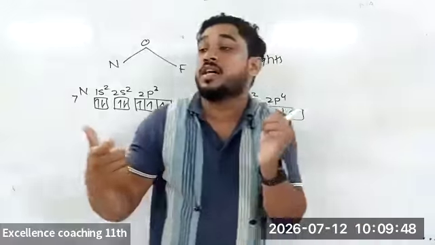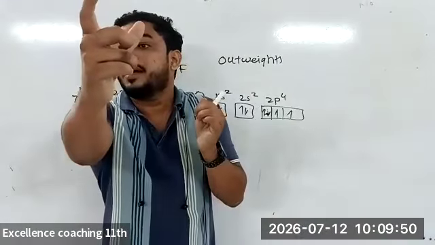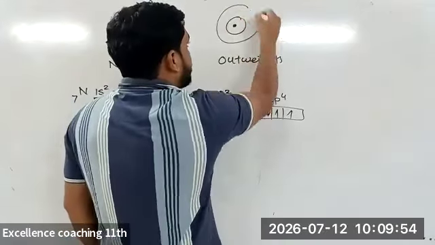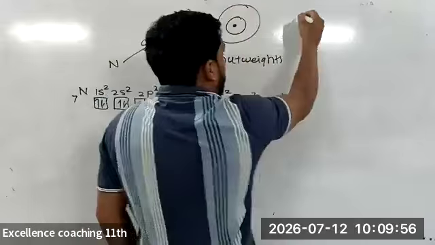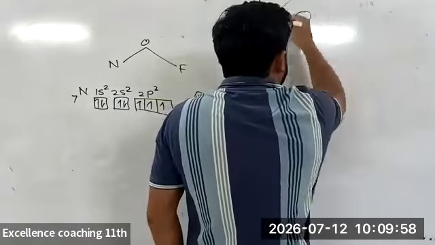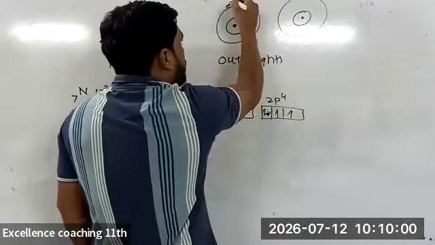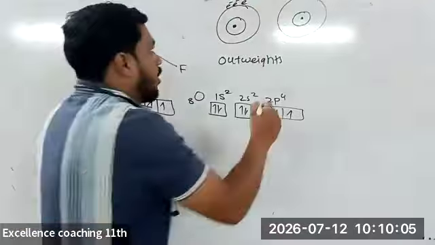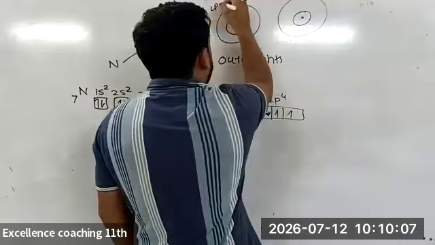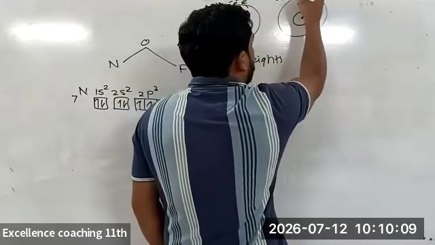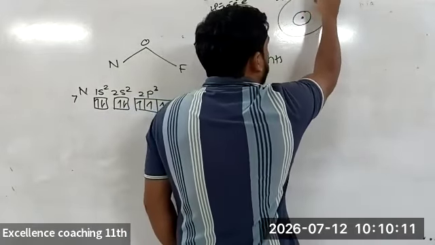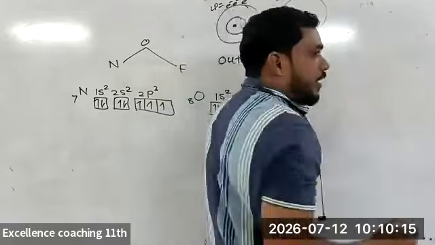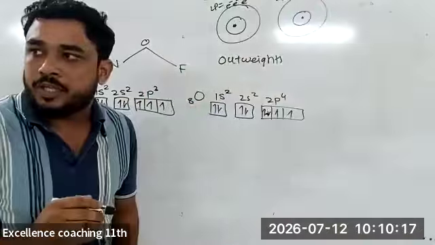See, this is the nucleus, this is for nitrogen. This is for oxygen. How many electrons do we have in 2p in nitrogen? 3 electrons. And how many electrons in 2p in oxygen? 1, 2, 3 and 4. So when this one electron comes, there is more inter-electronic repulsion.